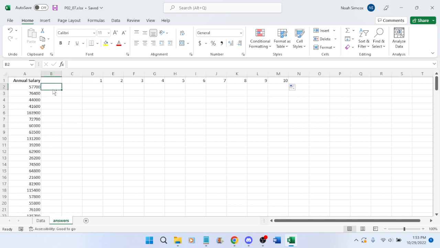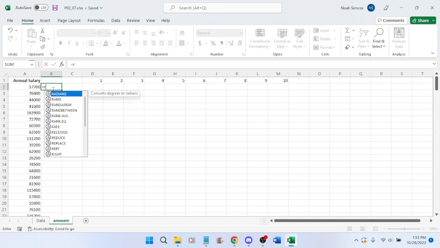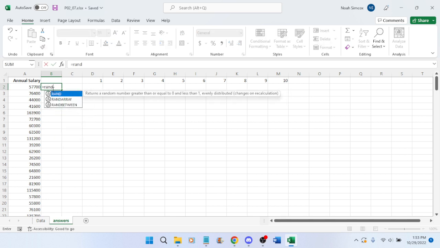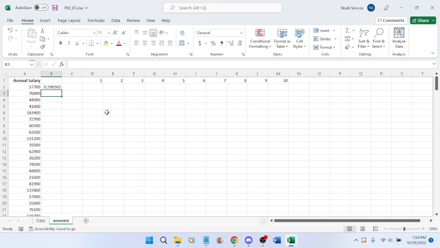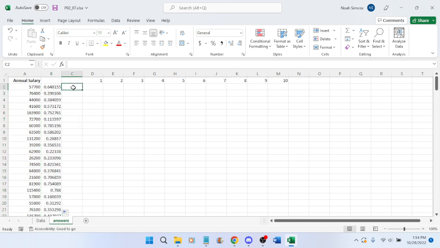So what we're going to do is have equals rand. It will generate a random number. We're going to go all the way down, and it will generate your random numbers, and we're going to have to do this process like 10 different times.